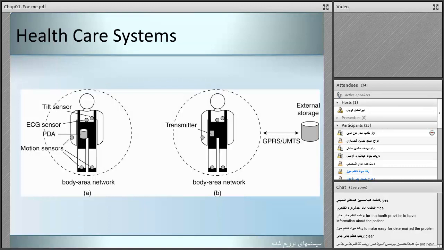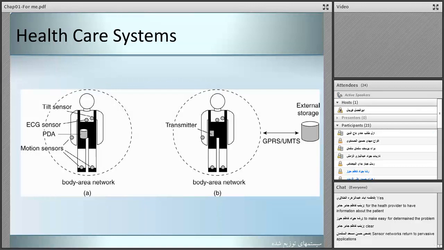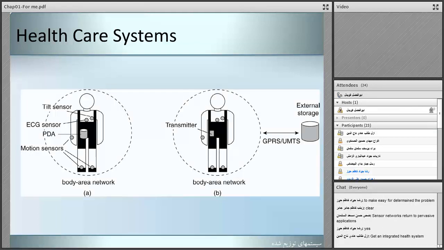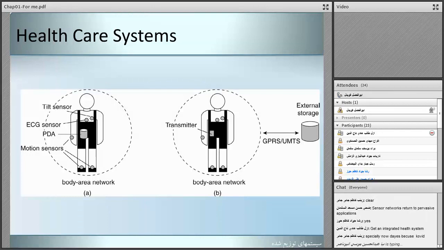So it's the main goal of using healthcare systems. We don't want the patient to stay in the hospital. So we use some sensors to monitor his health conditions, and then the patient can go home. That's easy.